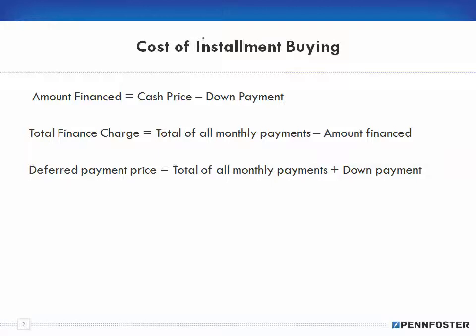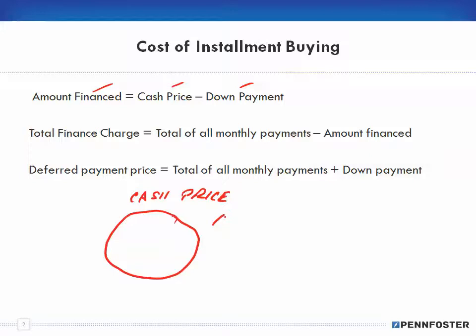As you can see, there are three formulas on this screen. It says here the amount financed is the cash price minus the down payment. You remember seeing this from an earlier chapter, and we'll call this our cash price. And remember, that's 100%.